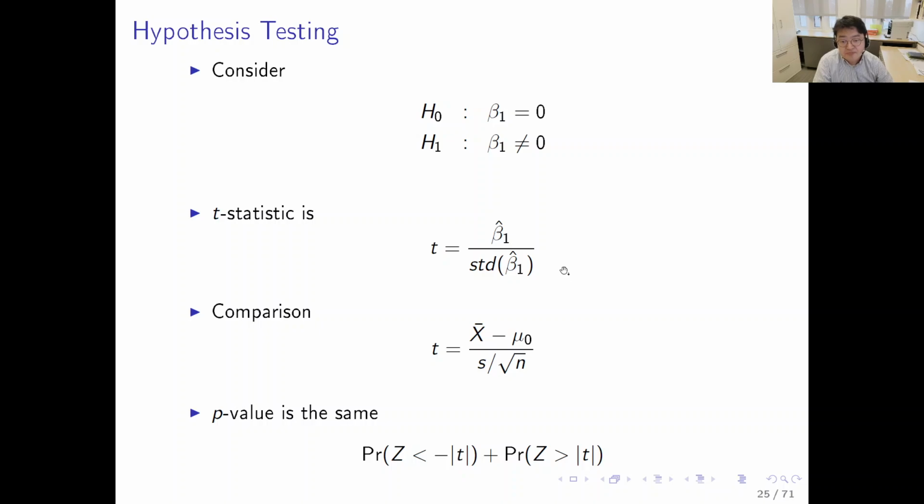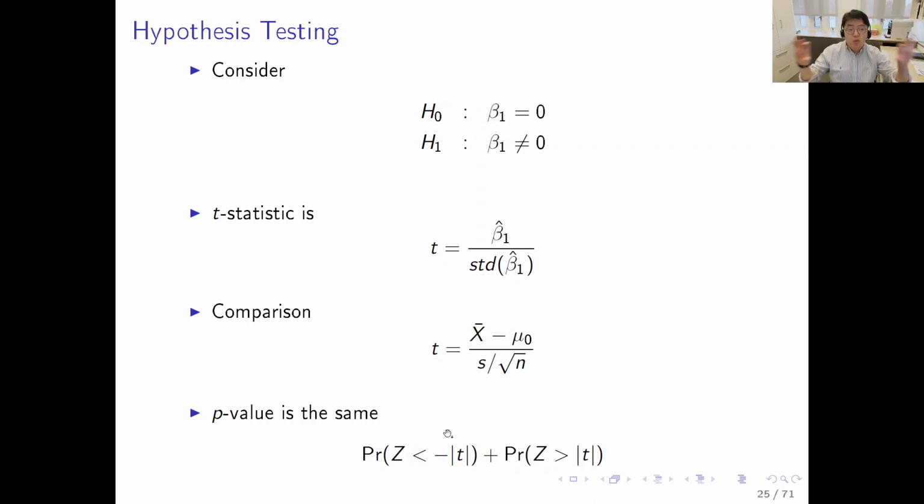And then based on the t-statistic, you are going to calculate the p-value, which follows exactly the same formula because everything is approximated by the standard normal distribution. So this t-statistic is approximated by the standard normal distribution, so the p-value is the same.